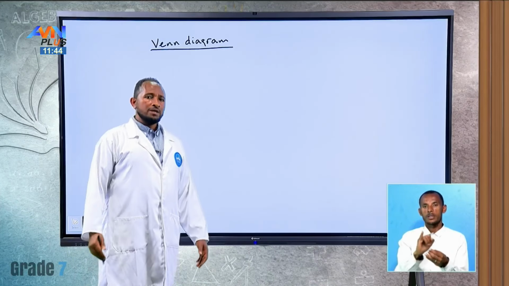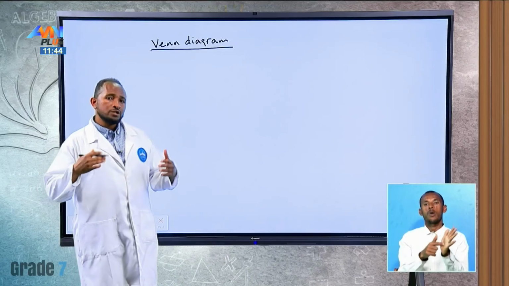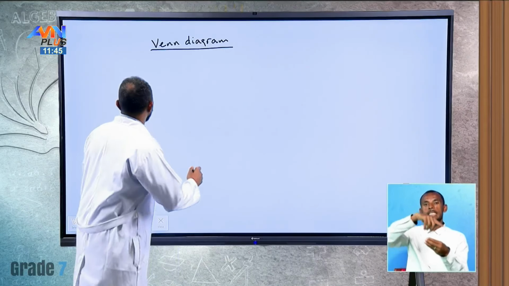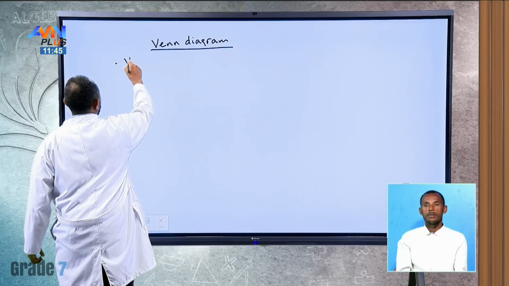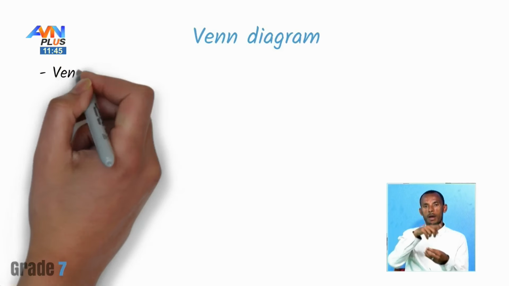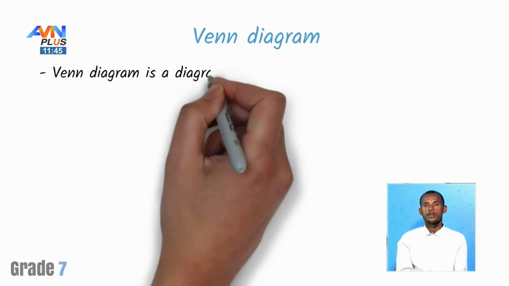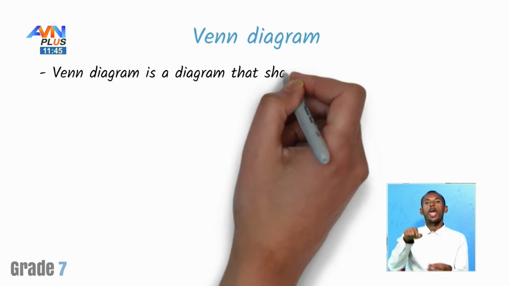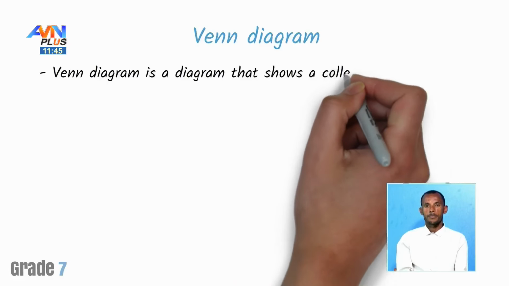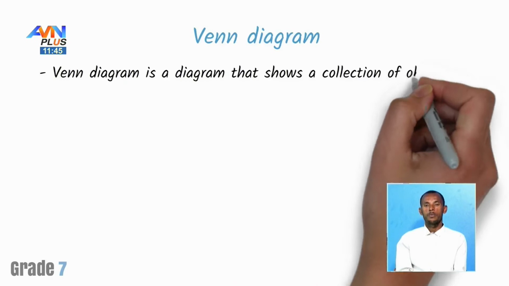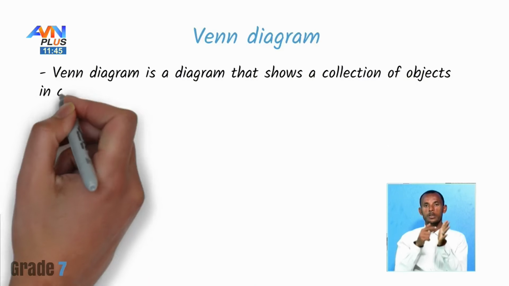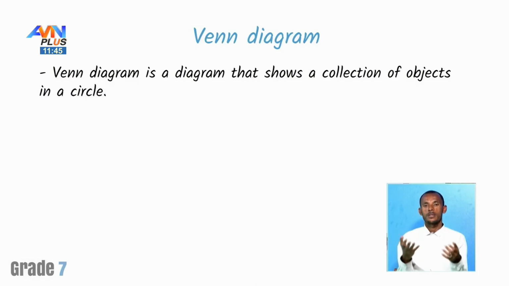A Venn diagram is a diagram that shows a collection of objects in a circle.